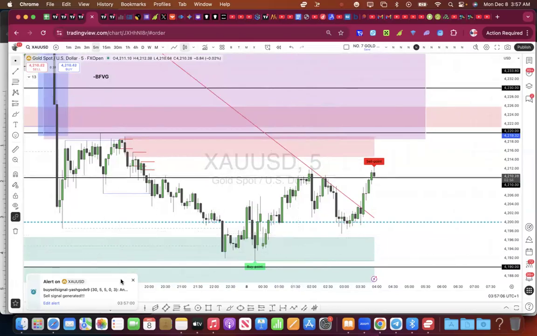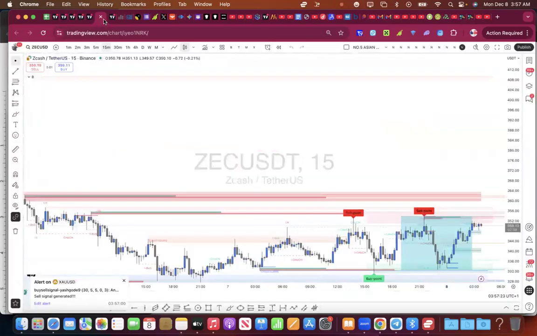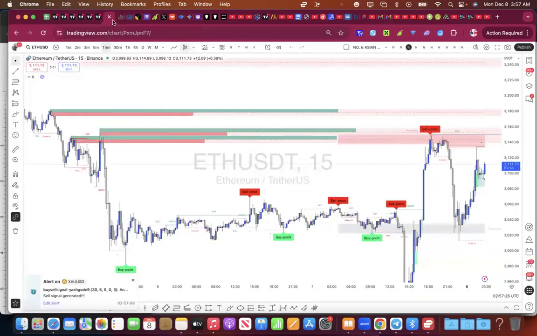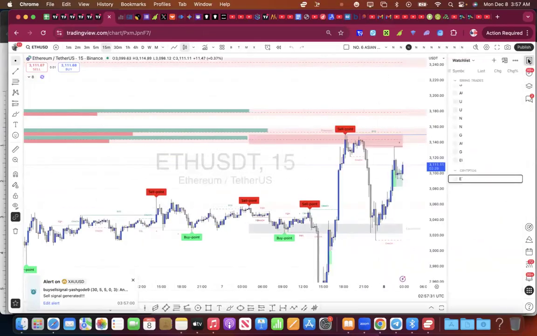My signal is telling me to sell, but I'm not going to look at that now because there are so many factors. So we have said the previous day looks like the previous day lower high or something.